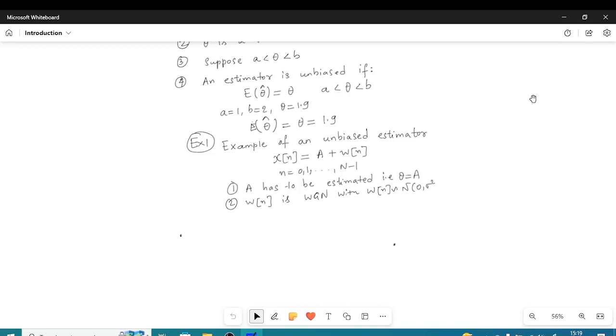Thirdly, the value of A can be any value, which I'm writing like this.